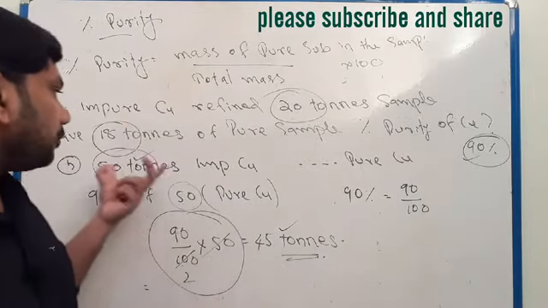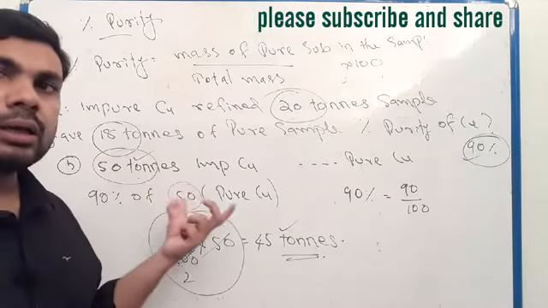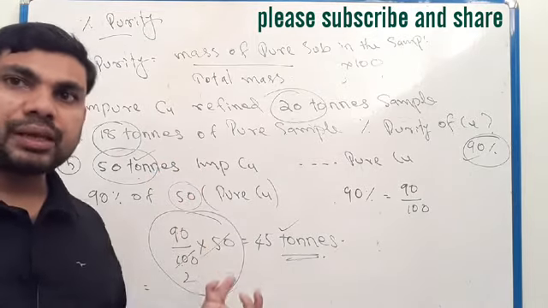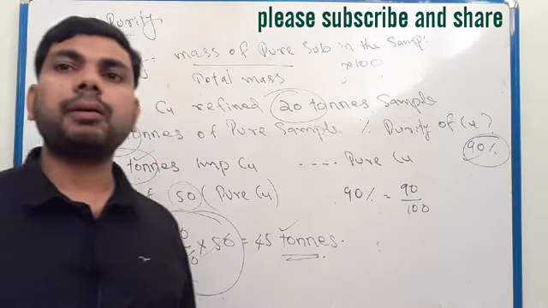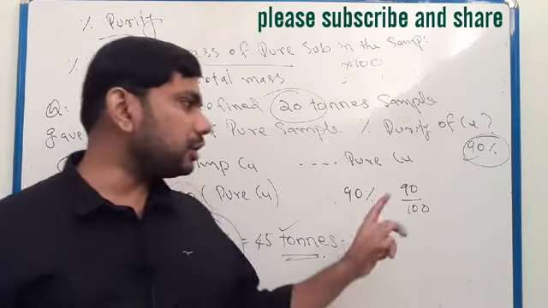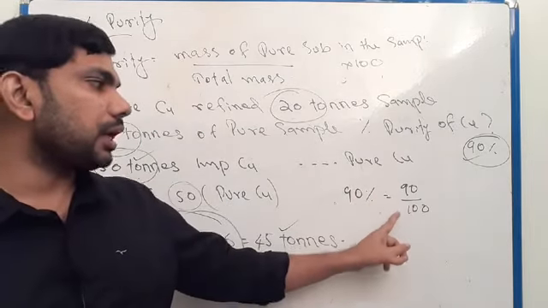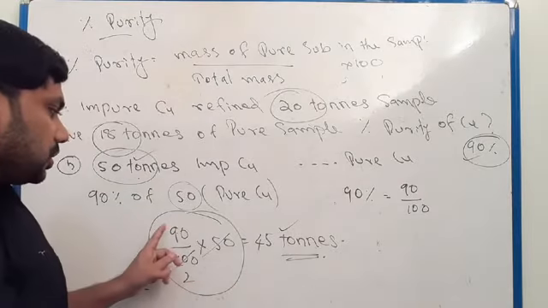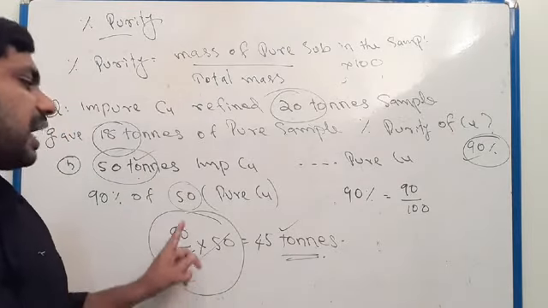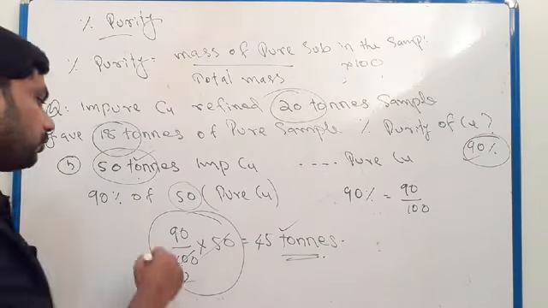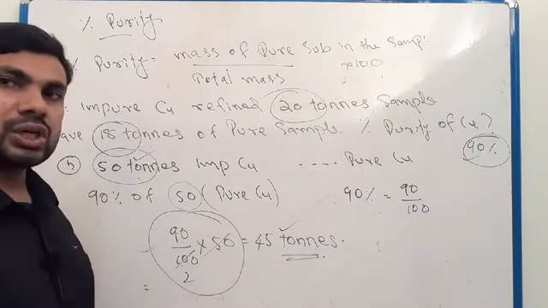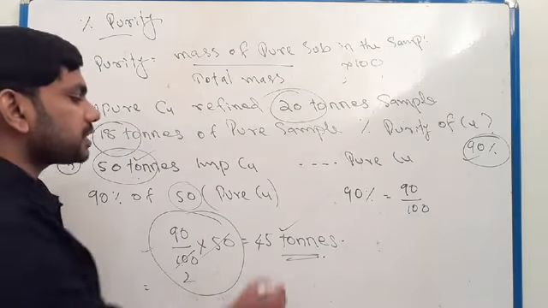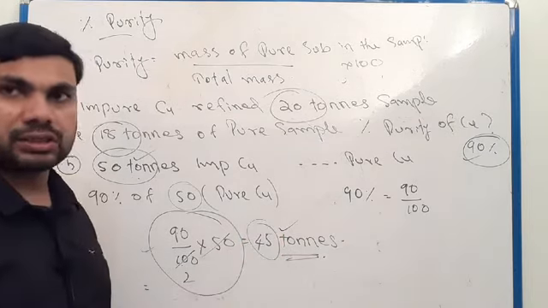So out of 50 ton, 90 percentage pure copper, rest impurity. 90 percentage of 50 means 90 divided by 100 times 50. This is the way to find percentage. So the answer is 45 ton.